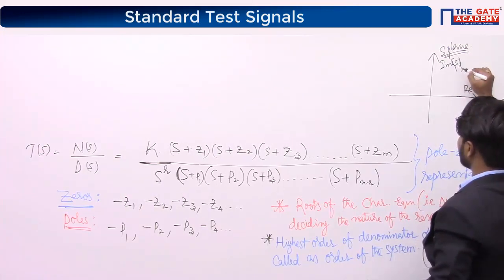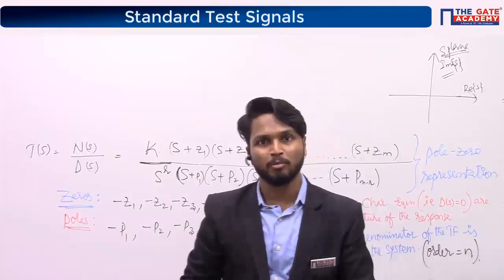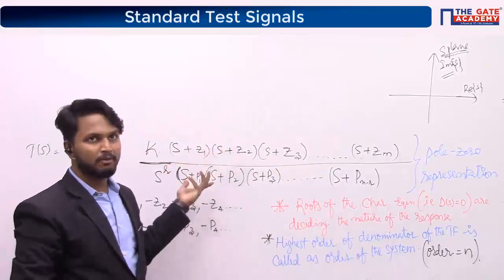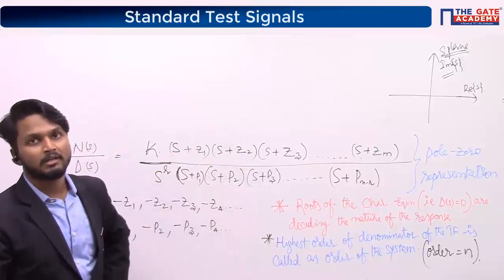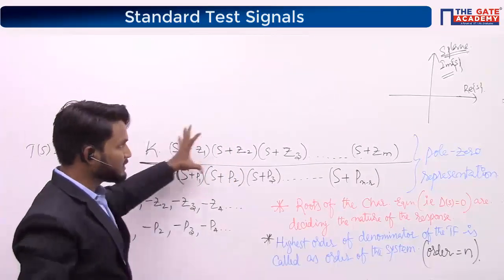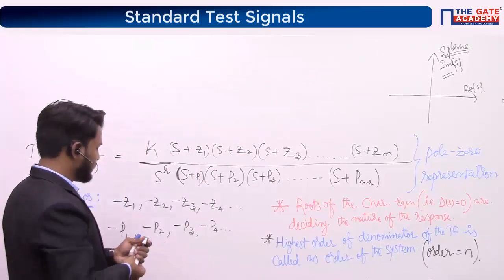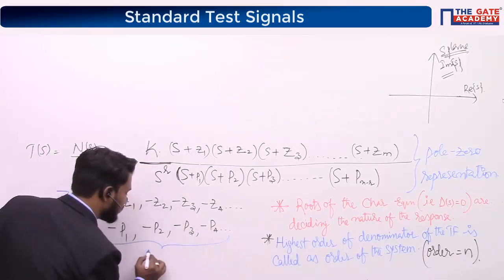As S is a complex number, you are adding Z1 to S, Z2 to S, P1 to S, P2 to S; all these are complex numbers, lying in the complex plane.